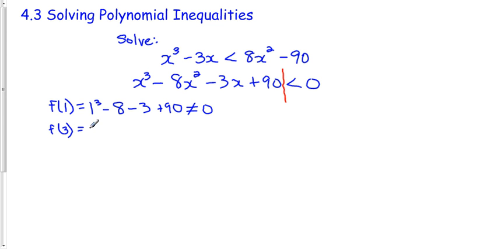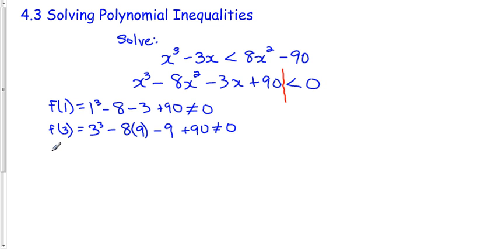This is 3 cubed minus 8 times 3 squared, which is 72, minus 3 times 3, which is 9, plus 90. So we get 27 minus 72 minus 9 plus 90. That doesn't give us 0 either.